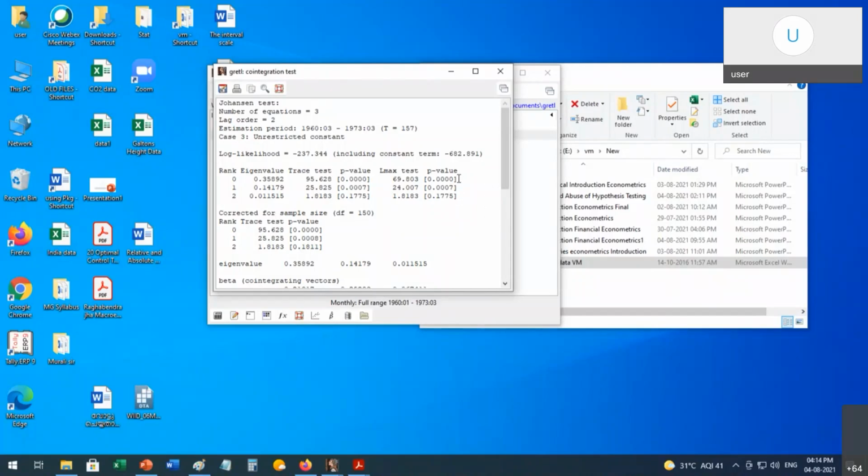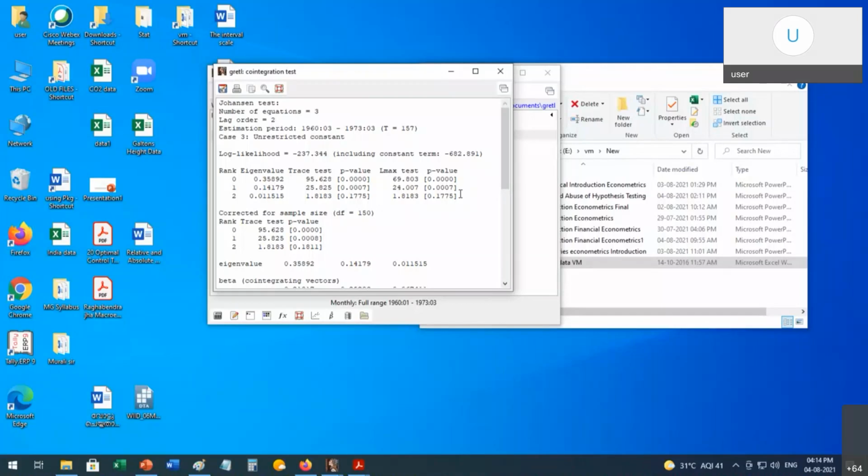There must be one row that we do not reject. If we have k variables, then there must be at most k minus 1 cointegrating equations, not k cointegrating equations. So that is the case. Got the idea? Is it clear?